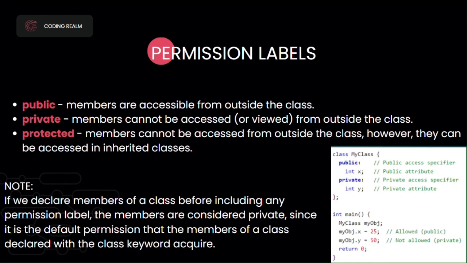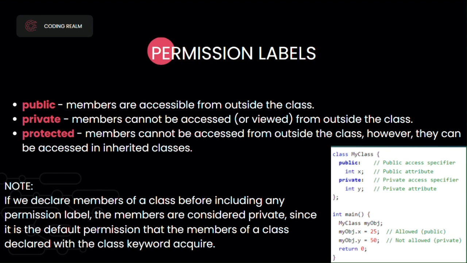Permission labels. Public members can be accessed from outside the class. Private members cannot be accessed or viewed from outside the class. Protected members cannot be accessed from outside the class. However, they can be accessed in an inherited class.